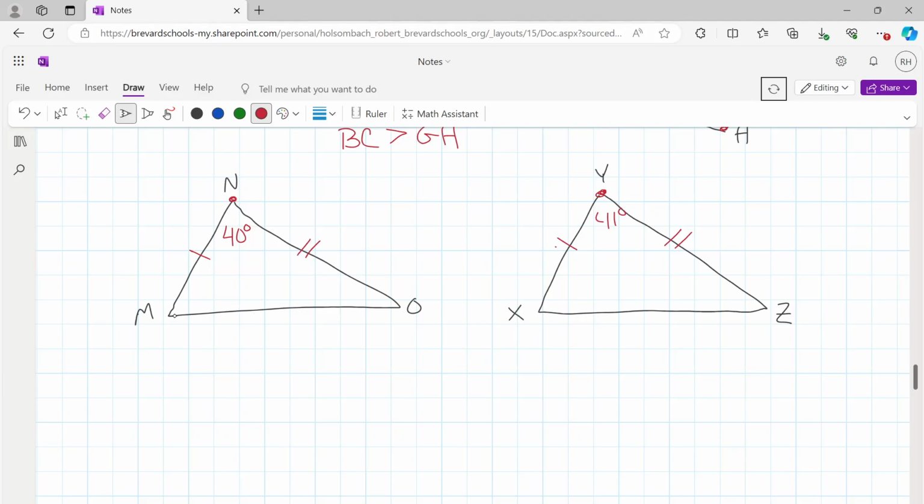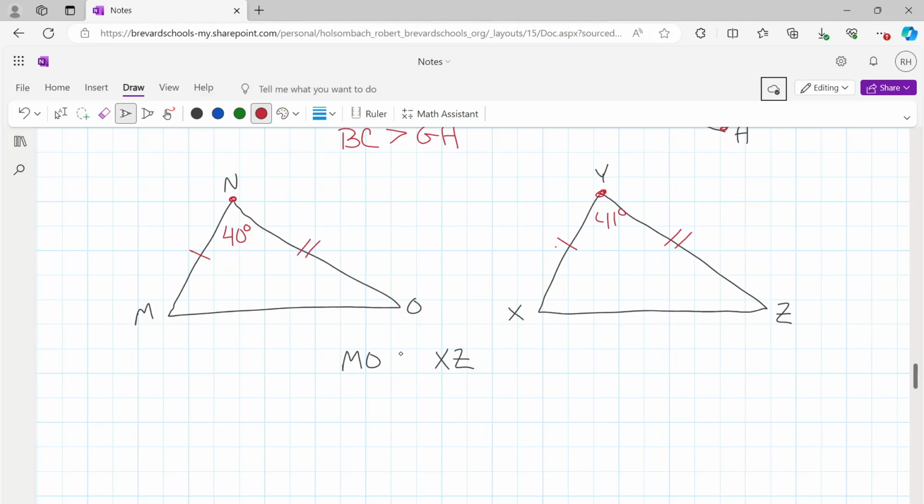If you had to compare now, if you had to compare MO, you're going to compare it to XZ. What is the comparison? And when you're asked to compare, in this case, when we're talking about inequalities in two triangles, compare just means less than or greater than. All right?